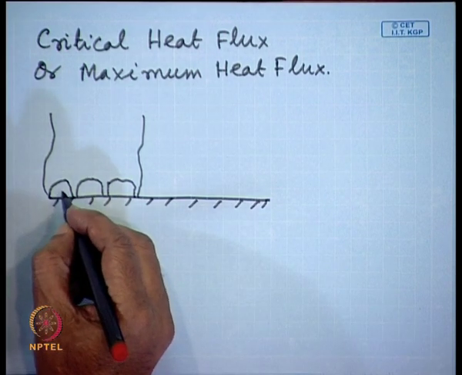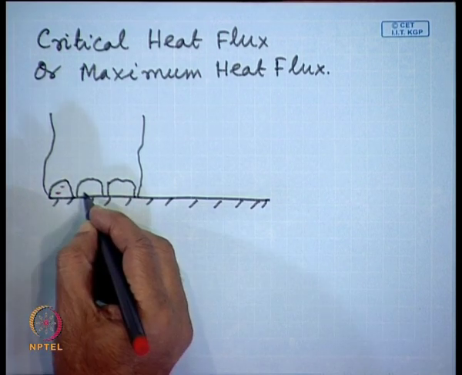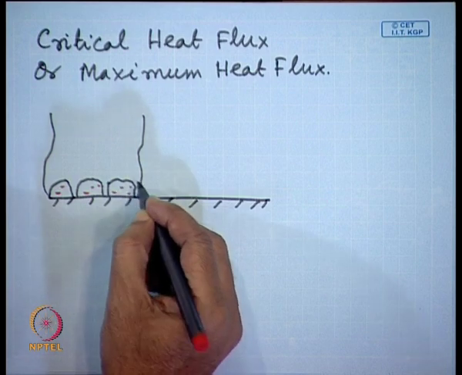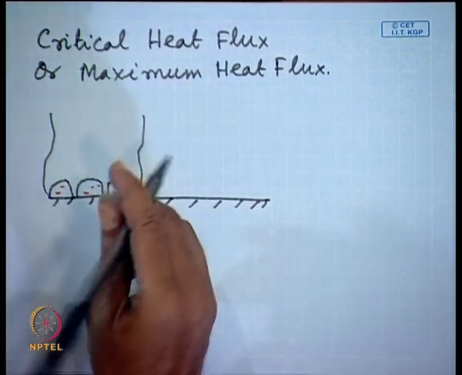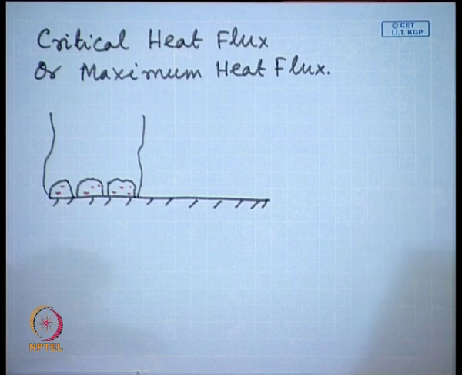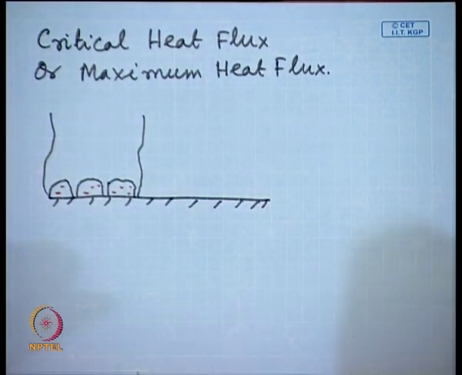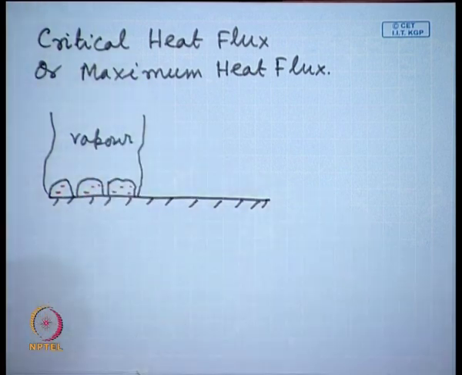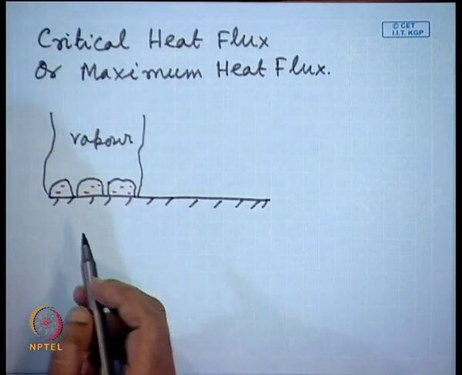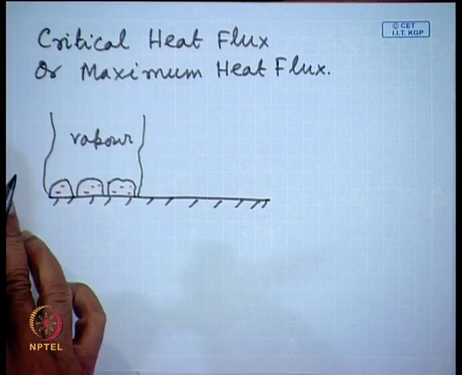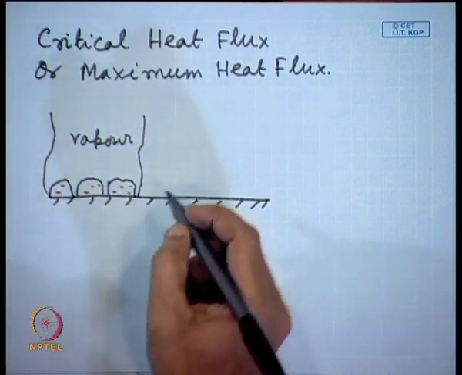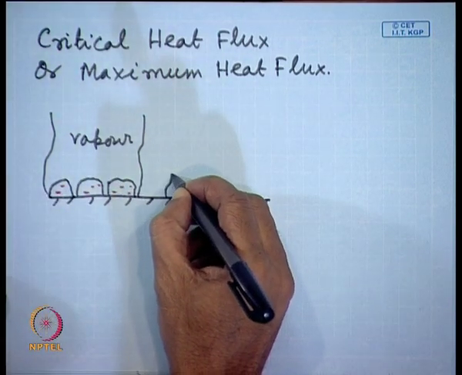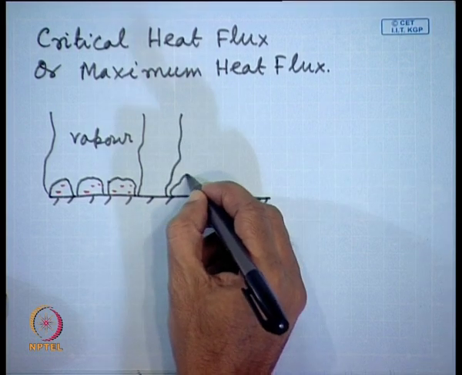So, let us say this is your liquid and this is some sort of a vapor column, or this is your vapor. Okay. So, this is some sort of a vapor column or vapor jet, we will get this one. We will also get something like this side by side.